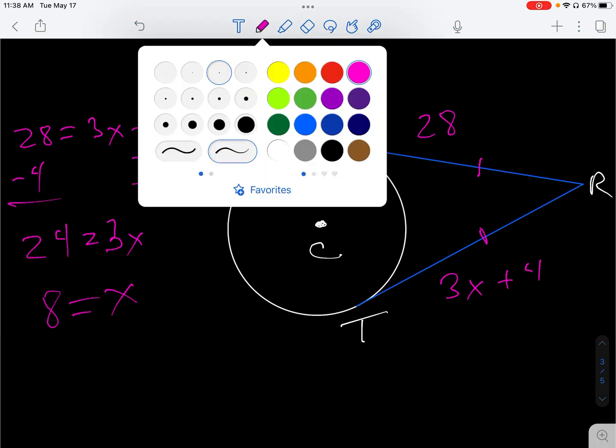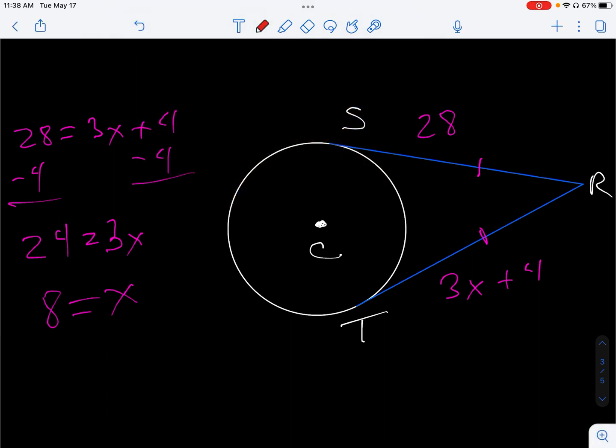What else do we know? Well, we know that from point C to point T, because this is a tangent, that's going to be a right angle. And from point C to point S is also going to be a right angle.